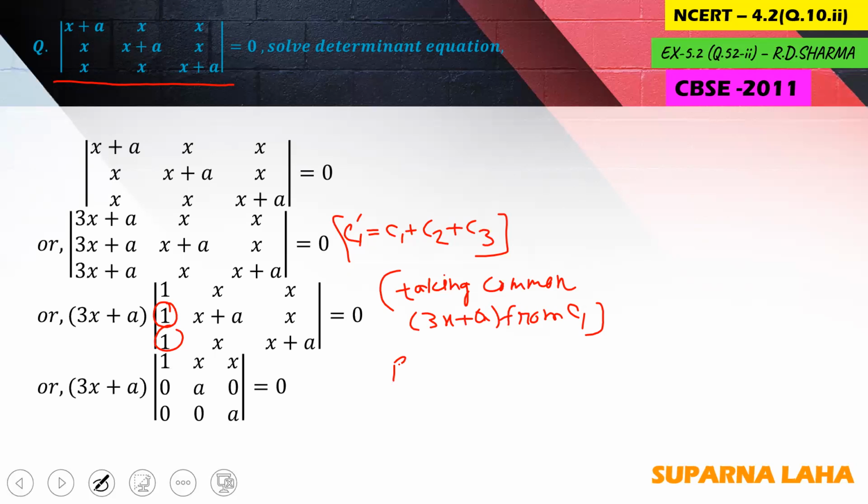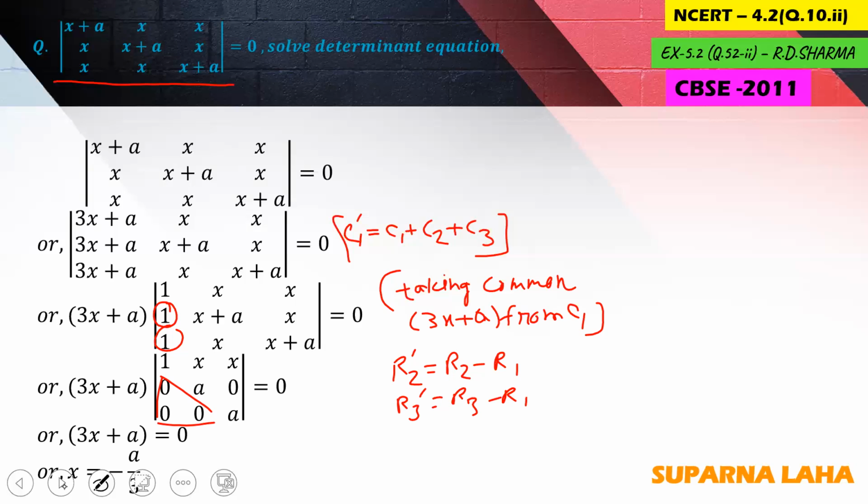That is R2 dash is given by R2 minus R1 and R3 dash is given by R3 minus R1. Now look at here, this is lower triangular, so the value of this determinant is a square. Since a square is non-zero, we can write down only this 3x plus a equals 0, and then x is equal to minus a by 3. So this is the answer.